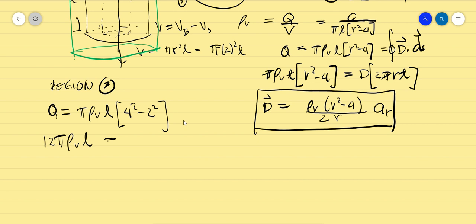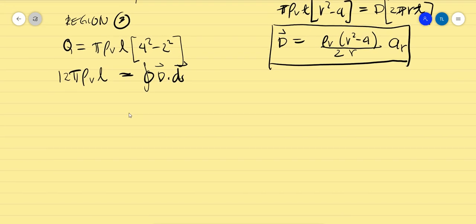That's Q, and this should be equal to the integral of D dot dS. Again, this is a cylinder, so we know that the contributions from the top and bottom will be equal to 0.